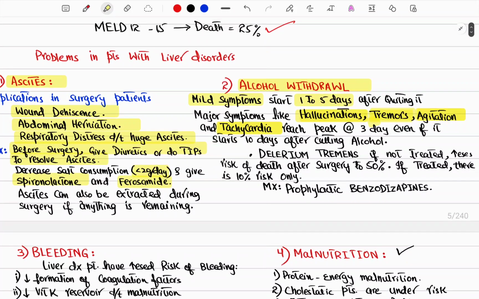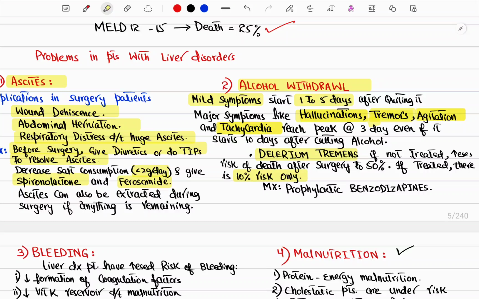One of the severe symptoms of alcohol withdrawal is delirium tremens, and if it's not treated before the surgery, the risk of death is almost 50%, and if it is treated, then only 10% risk of death is present.